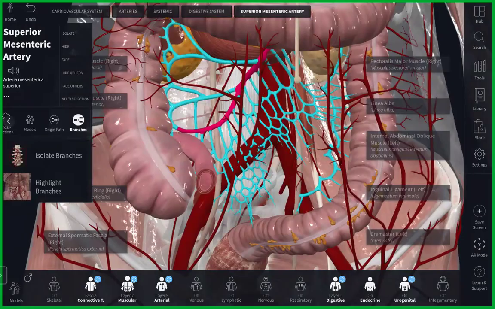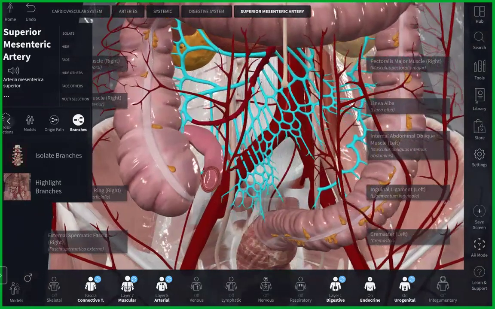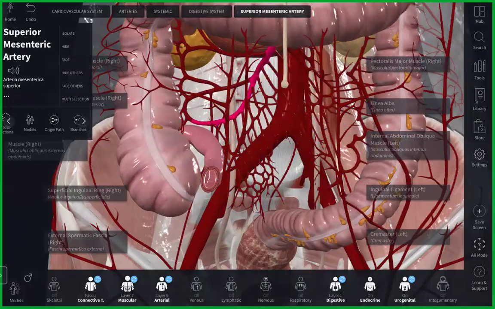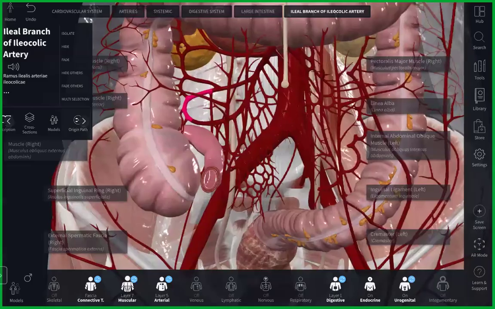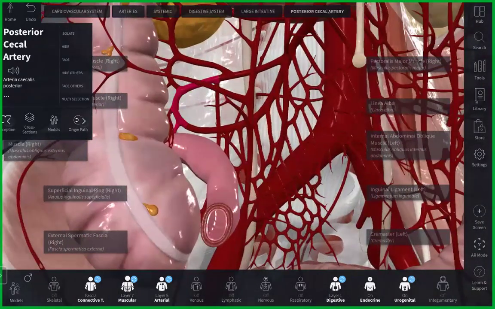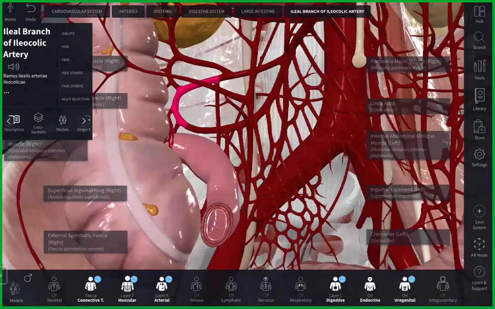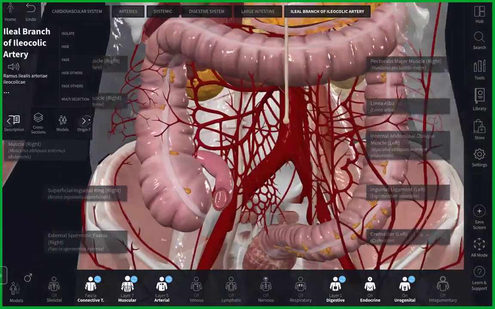But you need to know the branches to the colon from superior mesenteric artery. So number one, forget posterior cecal artery. Number one will be your ileocolic artery. Just remember ileocolic artery. And appendicular artery comes from ileocolic artery. Okay. Appendicular artery comes from ileocolic artery.